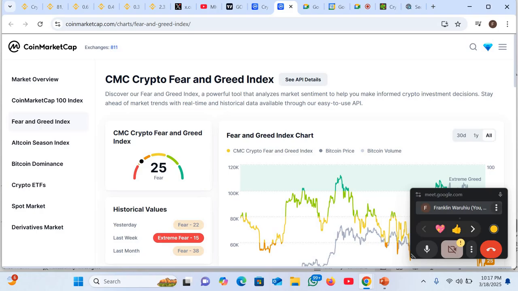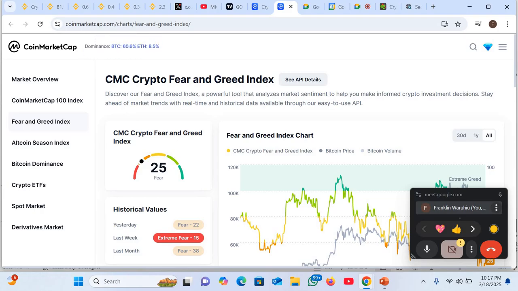And we say when the index is high, it simply means the fear is low and the greed is high. That is simply what it means. And when the fear is low and the greed is high, it simply means that people are putting in more money.